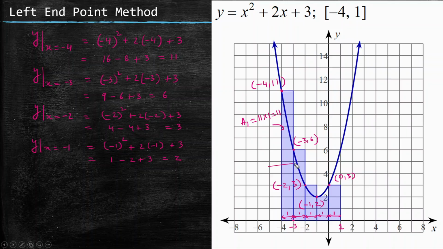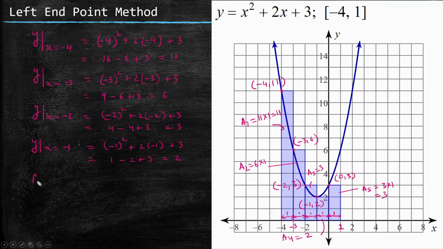The area 2 will be equal to 6 times 1. Area 3 will be 3 times 1, or we can say that will be 3. The area 4 will be 2 times 1, which will be 2, and the area 5 will be also equal to 3 times 1, equal to 3.